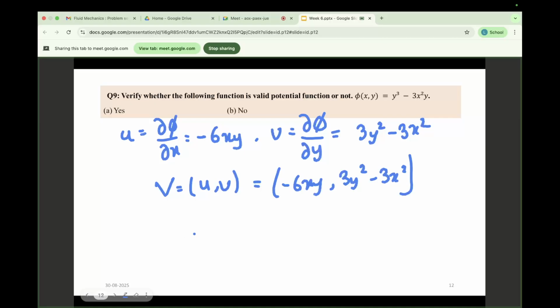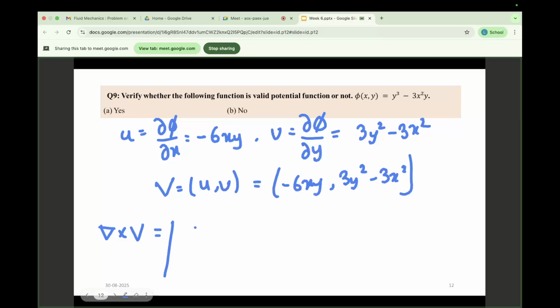So I have to check the validity of this potential function. First let me check whether it is rotational or irrotational. For this I am finding the curl. So what will I get if I find this?